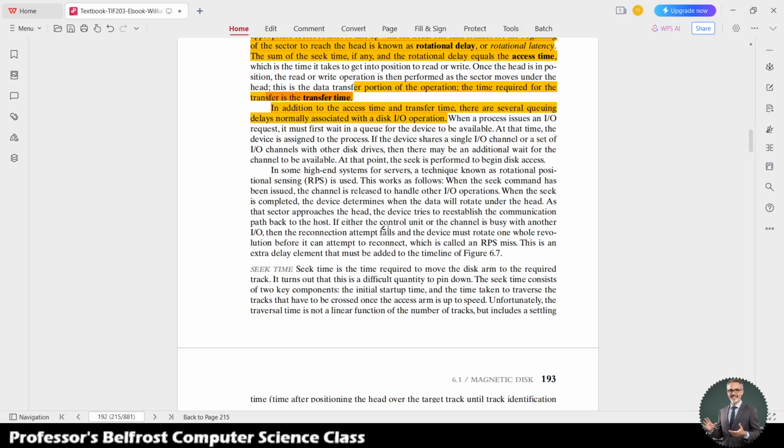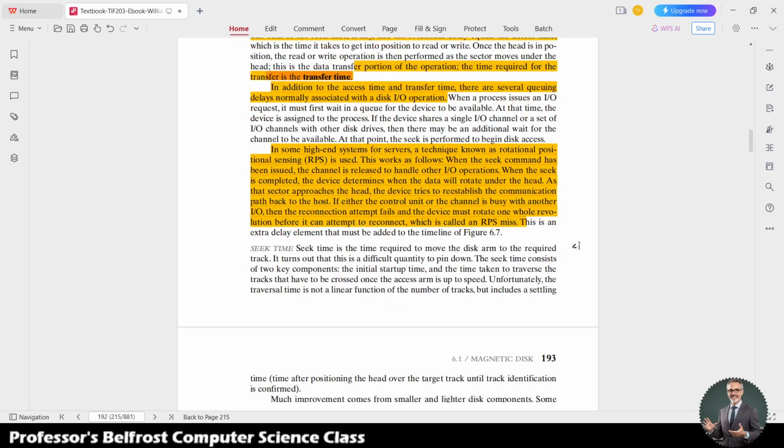If either the control unit or the channel is busy with another I/O, the connection attempt fails, and the device must rotate one whole revolution before it can attempt to reconnect. This is called RPS, so this is another parameter.